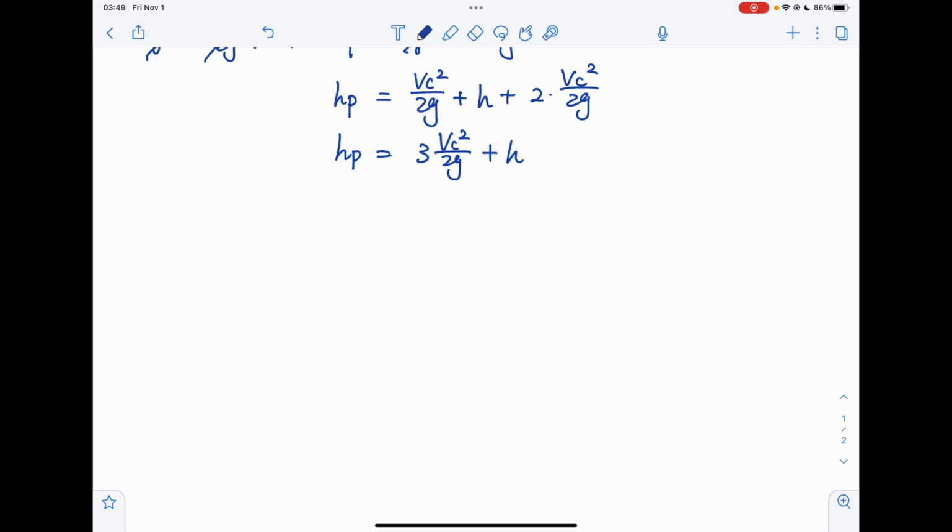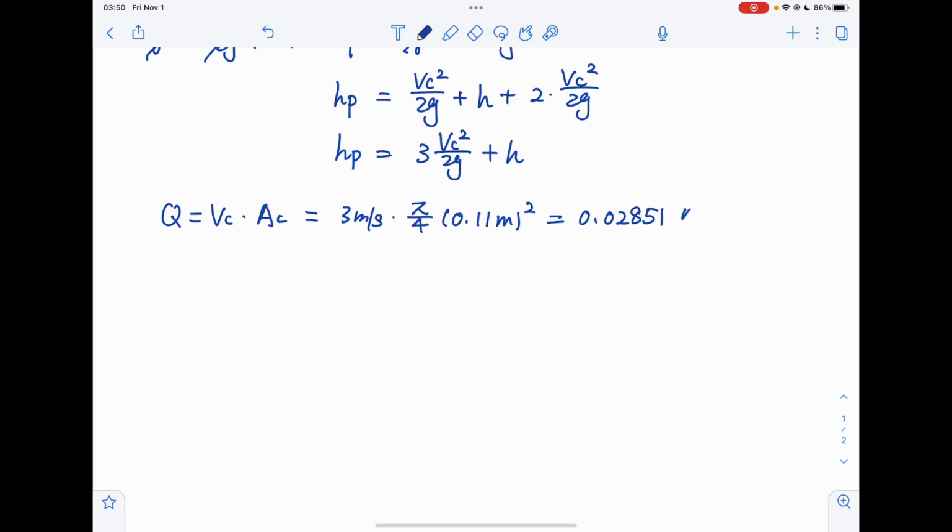So Q equals VC times AC, which is 3 meters per second times pi over 4 times diameter at point C squared, which gives us 0.02851 cubic meter per second.